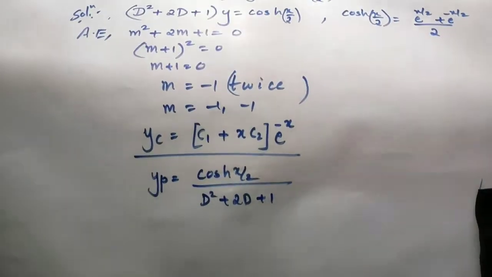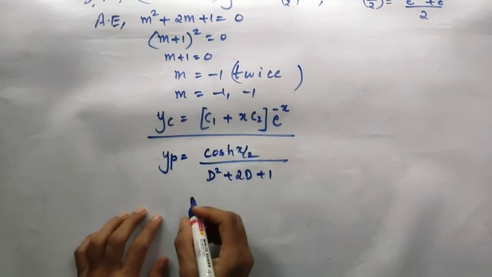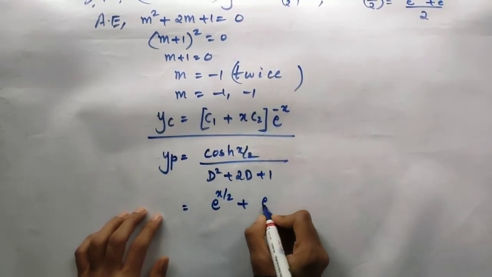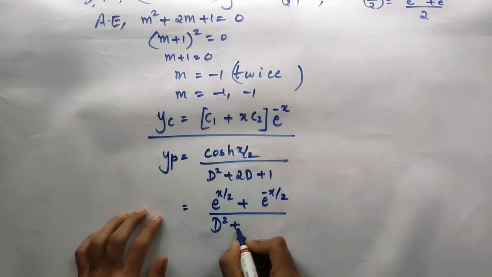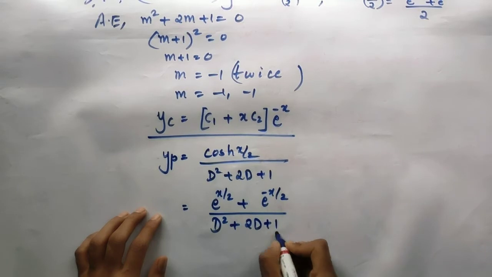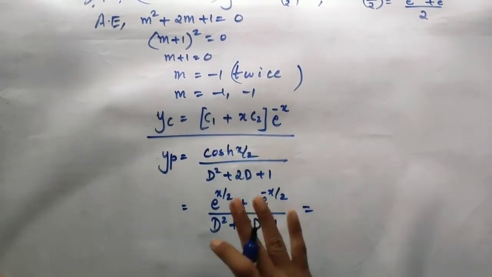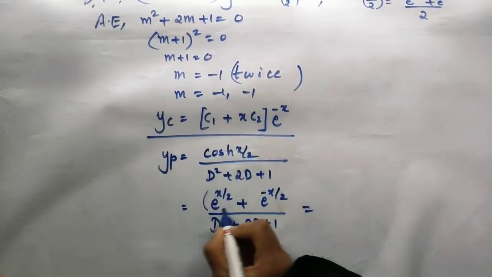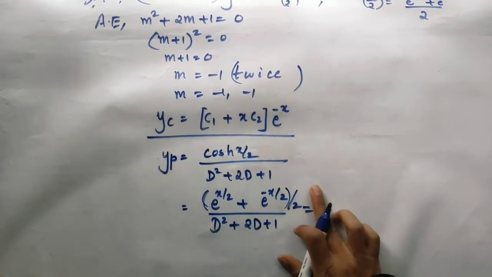Now we'll replace cos hyperbolic x: it is e to the power x by 2 plus e to the power minus x by 2, divided by D square plus 2D plus 1. We can separate both the terms and divide by 2.